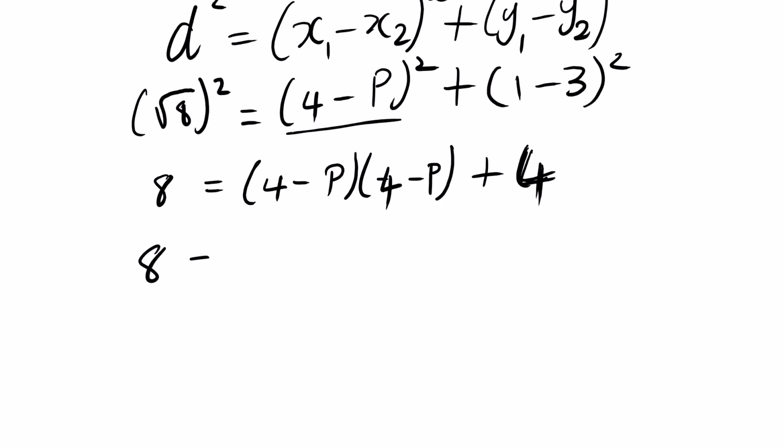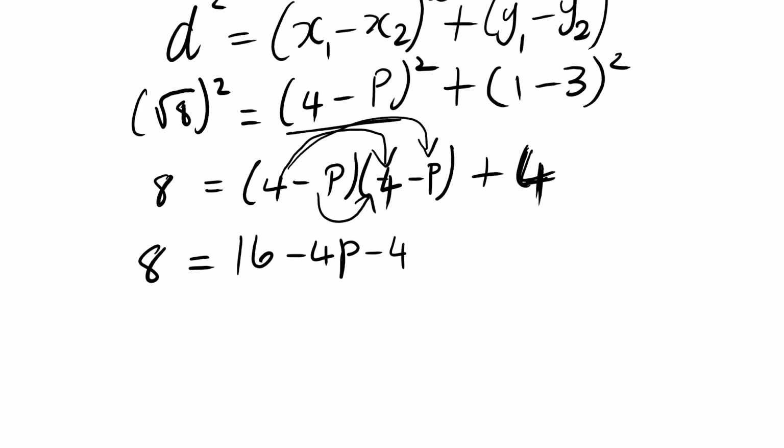So we have 8 is equal to 4 multiplied by 4, it's 16. 4 multiplied by negative p, it's negative 4p. Negative p multiplied by 4, it's negative 4p. Negative p multiplied by negative p is positive p squared plus 4.